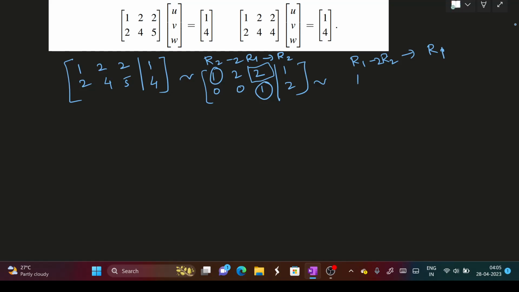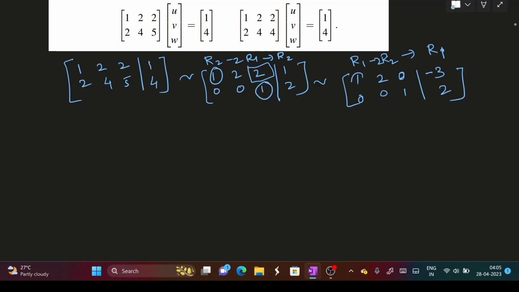How much is it? 1, 2, it is 0, it is twice R2. So it is 1 minus 4, that is, minus 3. It is 0, 0, 1, it is 2. Now I got the row-reduced echelon form.